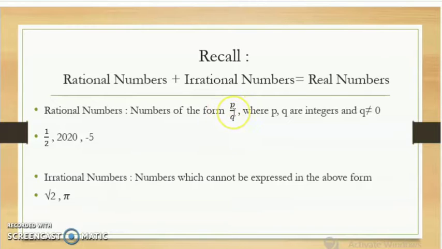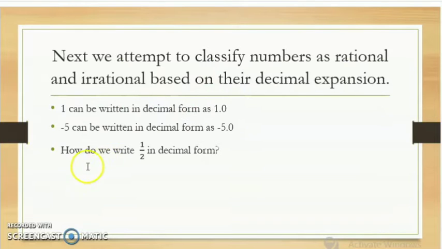If we could write it in the form p by q, we would call it a rational number. If we could not, we would call it an irrational number. Now in this class we'll look at how to say whether a given number is rational or irrational by looking at its decimal expansion.